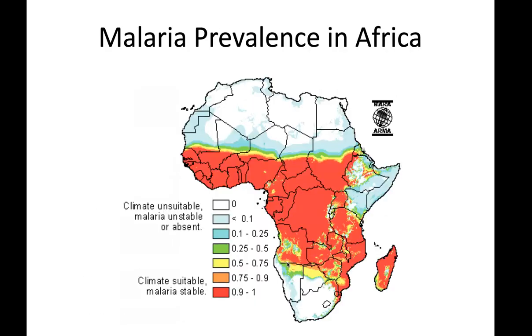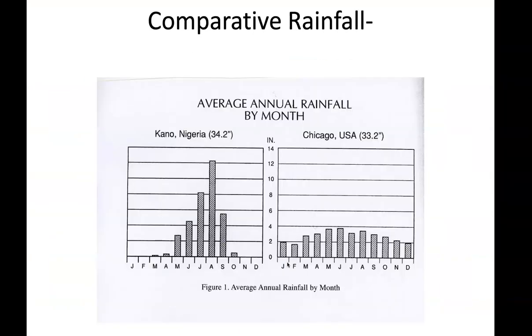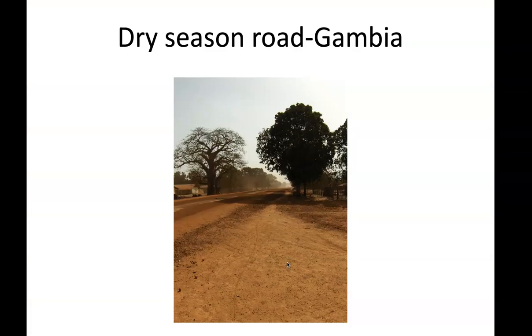We saw that already, with ecological zones, right? Size of the continent means diversity of ecological zones. You've got desert, you've got grasslands, you've got rainforest, you've got mountain areas, all right? So not everybody is going to live in the same type of environment across the continent, okay?